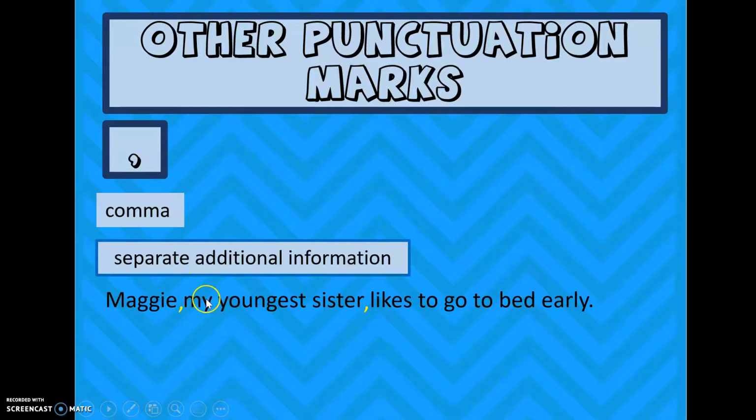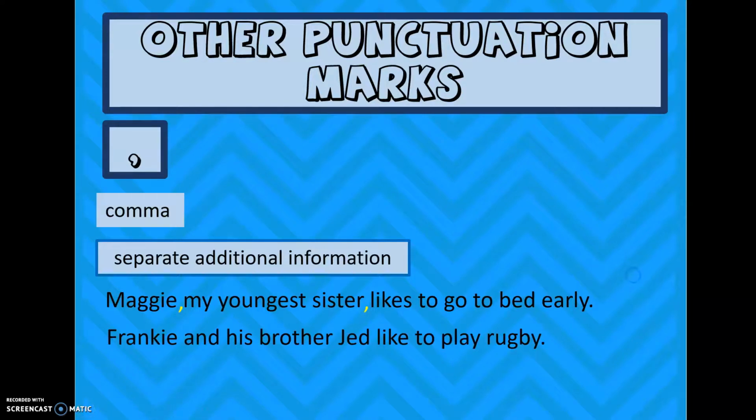Now guys, you really battled with this in grade 4. So let's look at a few more examples and see if you can figure out where the commas go before I put them in. Frankie and his brother Jed like to play rugby. What bit of information there is not that important? Yes, Jed.